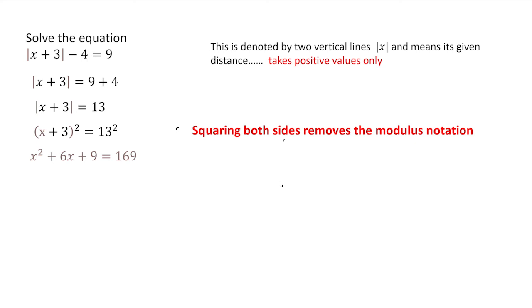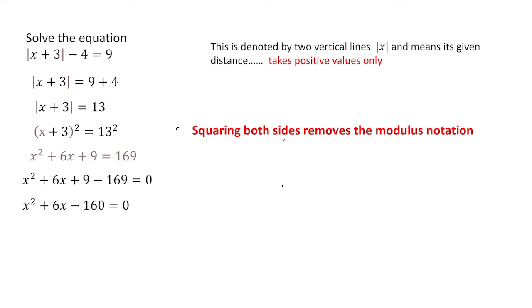And now we're going to solve for our value of x. So move everything to one side of your equation, and we get x squared plus 6x plus 9 minus 169 equals 0. Adding together our like terms, we get x squared plus 6x minus 160 equals 0. We're now going to factorize our equation.